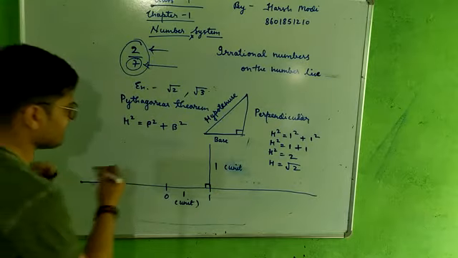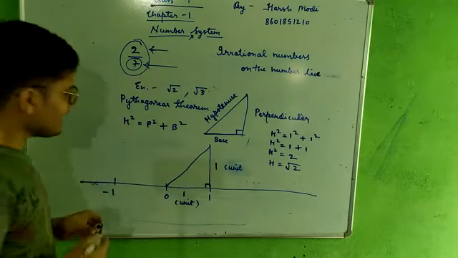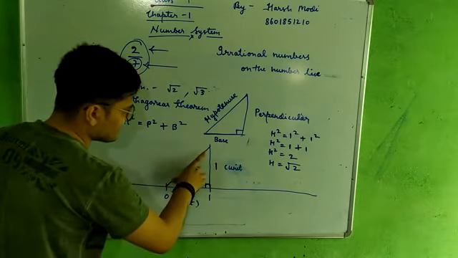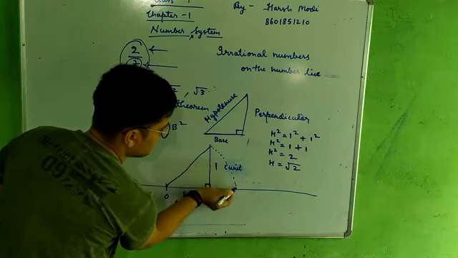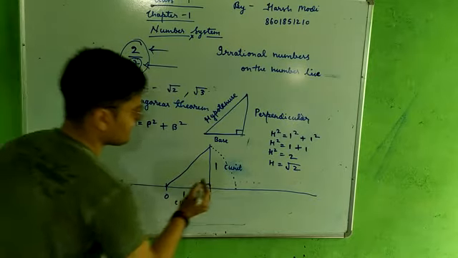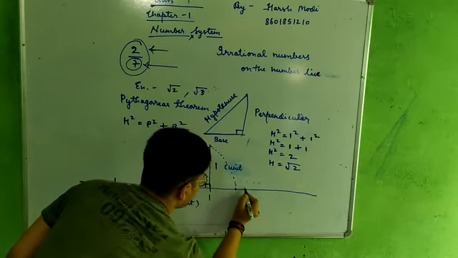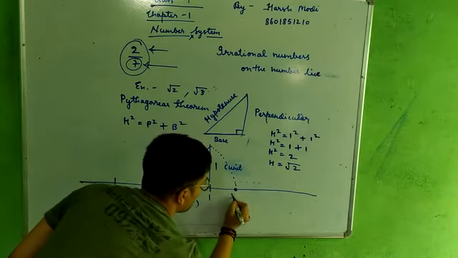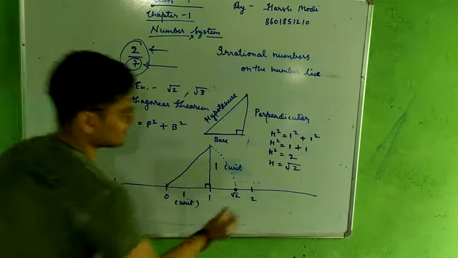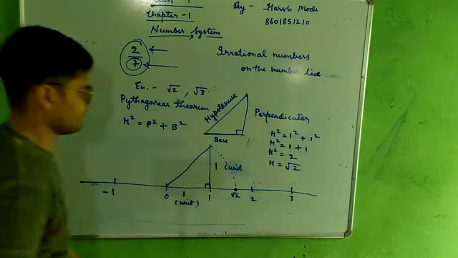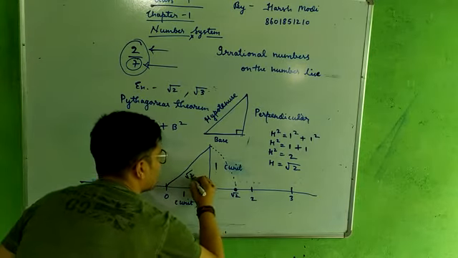Now you will draw the line till here and take an arc of similar distance and move this arc with the help of a compass. Here we have the mark of under root 2. This is the value we got, under root 2.